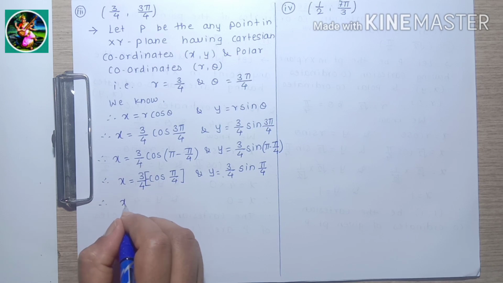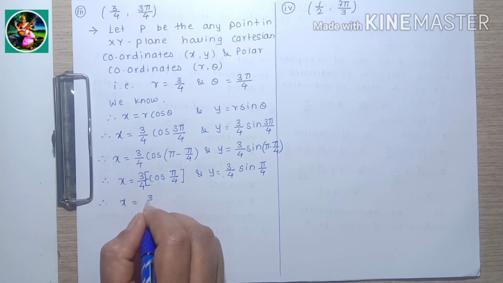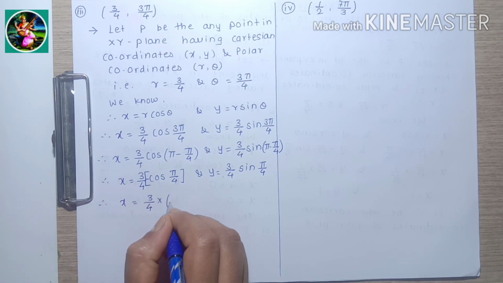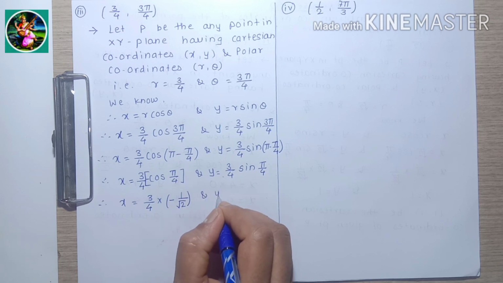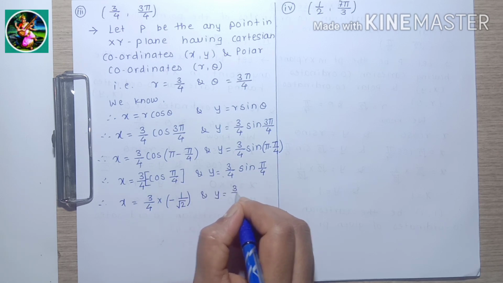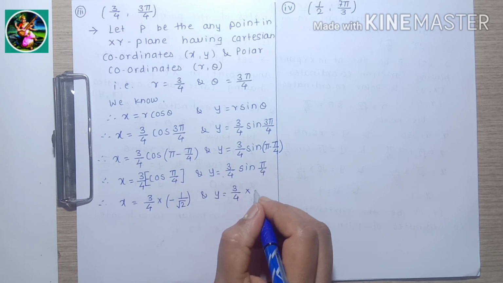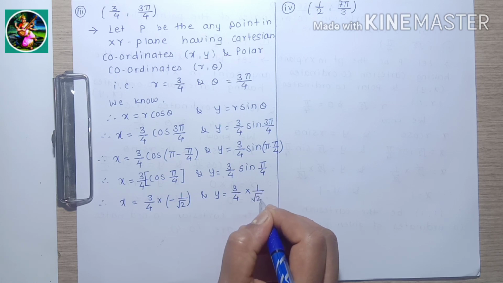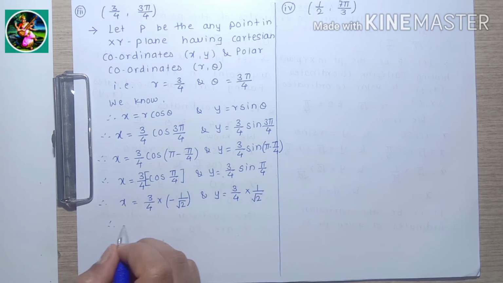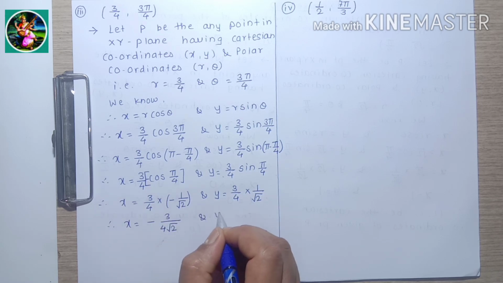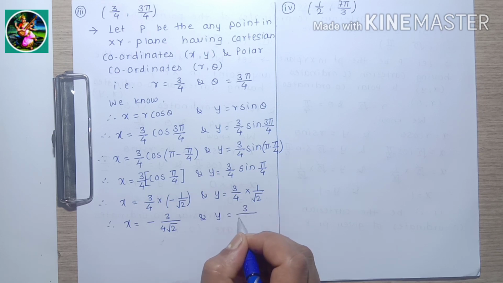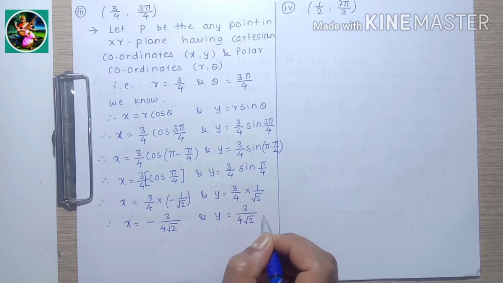Therefore, here we get x is equal to 3/4 into minus cos pi by 4, which is 1/√2, and y is equal to 3/4 into sin of pi by 4, which is 1/√2. Therefore, x is equal to minus 3 divided by 4√2 and y is equal to 3 divided by 4√2.